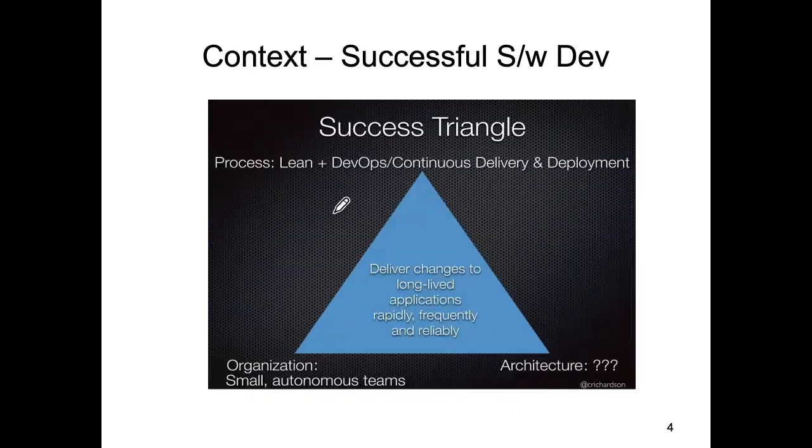This is just an elaboration. So in terms of process, these are different terms for the same thing, but we'd like to have a lean software development process. Lean is a term that's used a lot in the business world, not so much in the software development world. What lean translates to in the software development world is a DevOps process, which is a term you may have heard of.